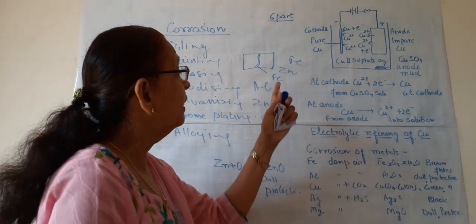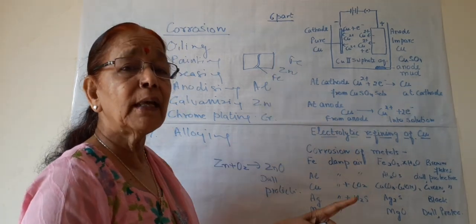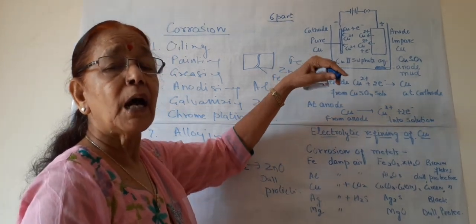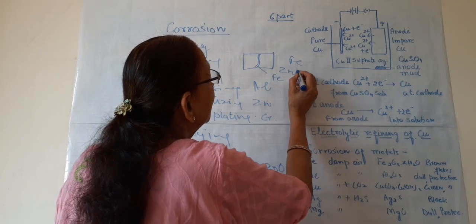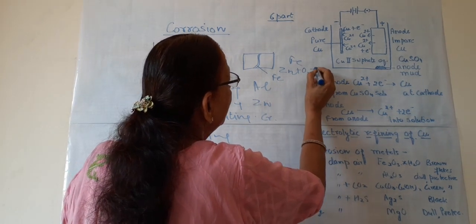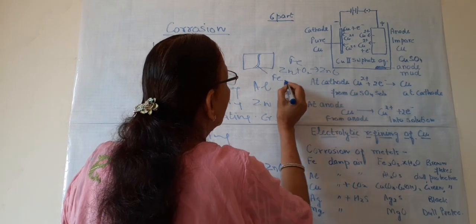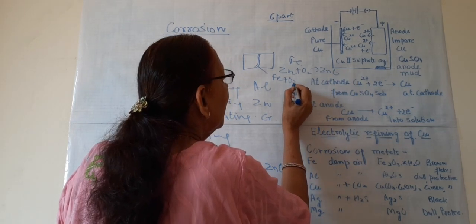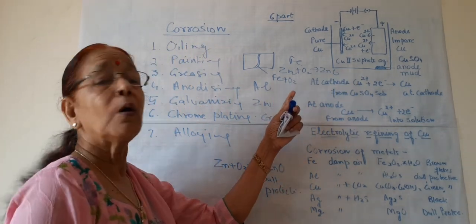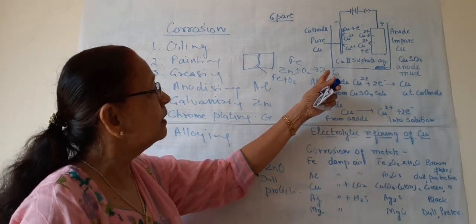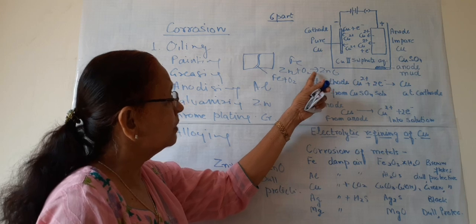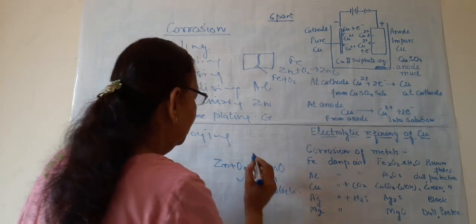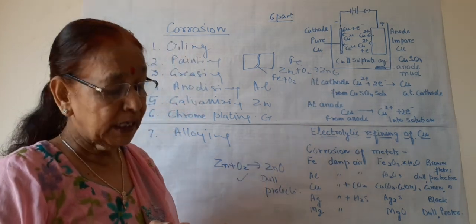more reactive than iron. You know, zinc in the reactivity series is above iron. So zinc is more reactive than iron and it forms zinc oxide before iron forms iron oxide. So first zinc oxide is formed in this crack, and zinc oxide forms a dull and protective covering.